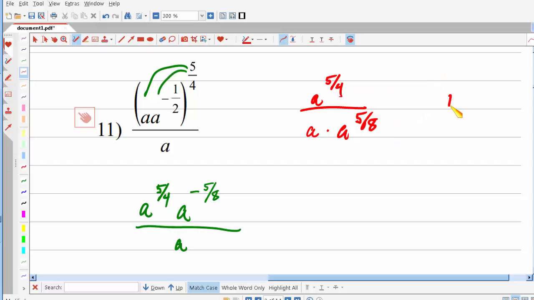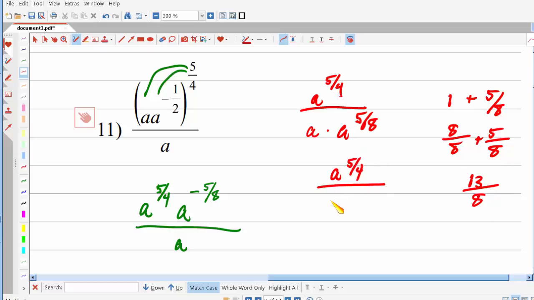Well, I have to do 1 plus 5/8, which is 8/8, plus 5/8, which is 13/8. Okay, so that gives me a to the 5/4 over a to the 13/8.